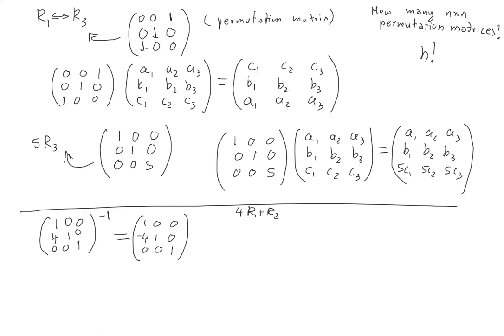For the other ones, for the swap, can you guess what the inverse matrix is going to be there? This is even easier. So if you swap row 1 and row 3, what is the row operation that undoes that? What row operation undoes what row 1 swapped with row 3 does?